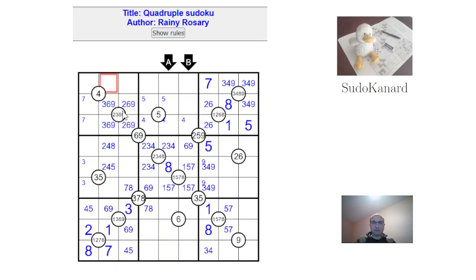This can't be a 2. That's not a big restriction. There must be a 1 somewhere here. Not very interesting. What about this? 206. Not sure what to do with that.